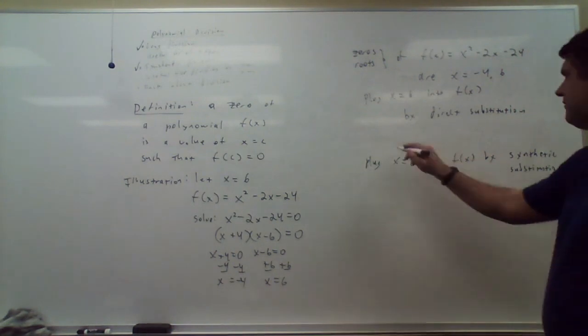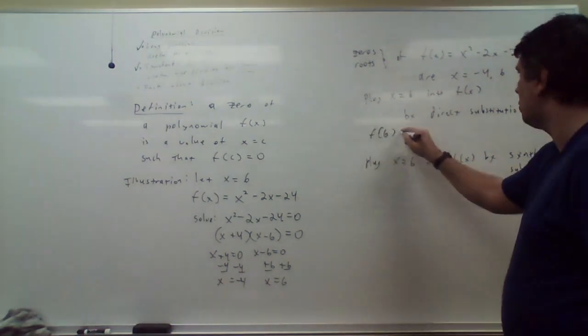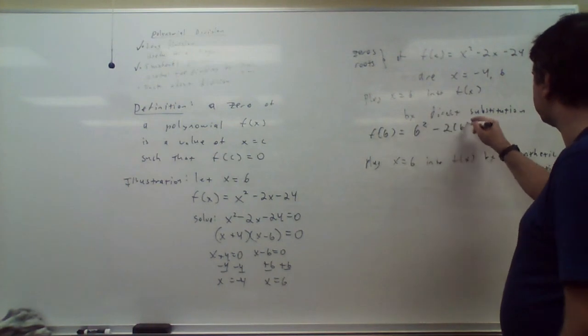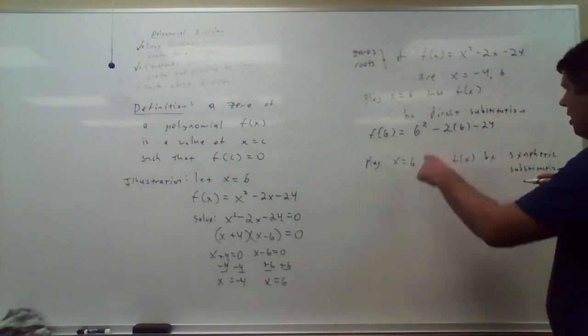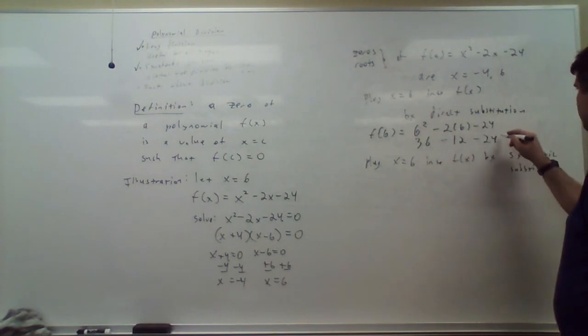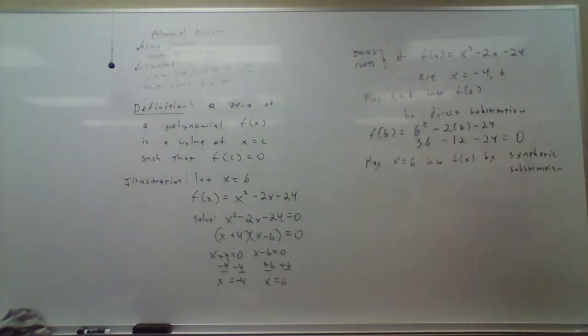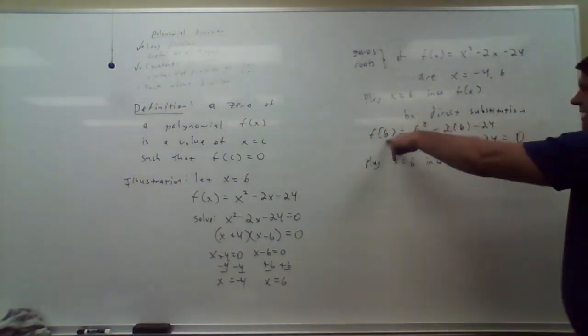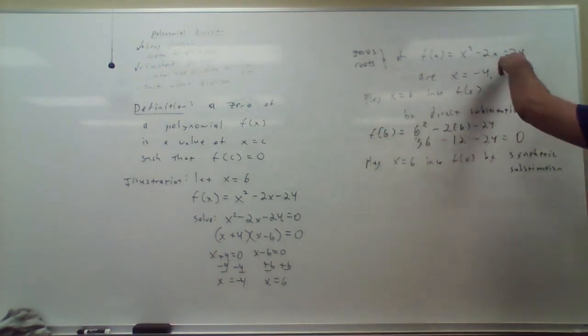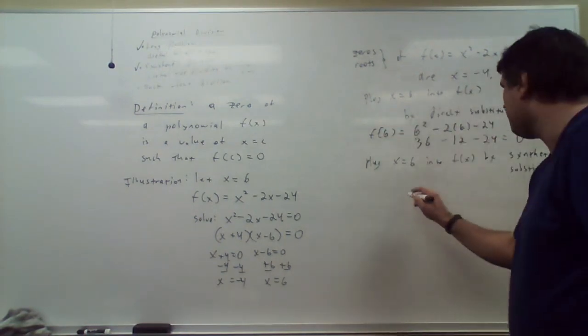Well, f of 6 would equal 6 squared minus 2 times 6 minus 24. 36 minus 12, minus 24, 0. X equals 6 is a 0 because it would make this equal 0. Okay?